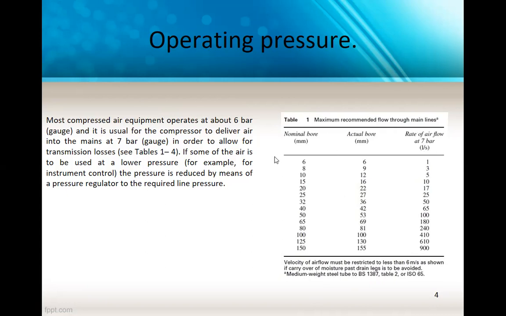Take note, nominal bore in mm, so we will use SI. The equivalent of this is 1/4 inch, this 3/8 inch at 10 mm, this 1/2 inch, this 3/4 inch, 1 inch, 1 1/4 inch. You know the equivalents, right? So 50 mm is 2 inches, then 65 mm. This is the standard conversion to SI.